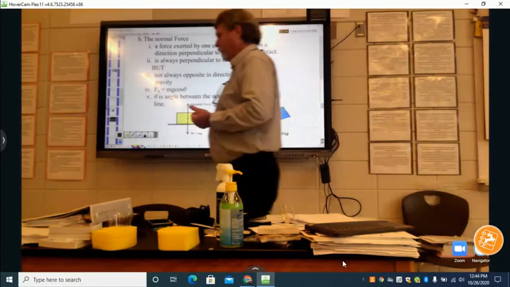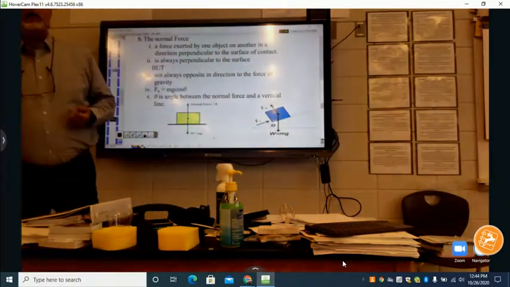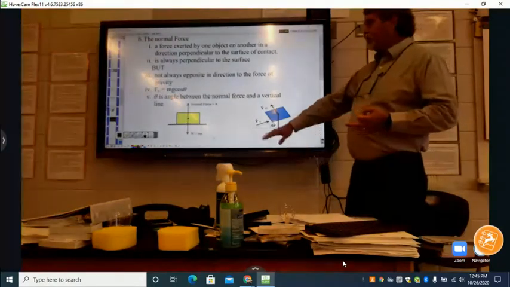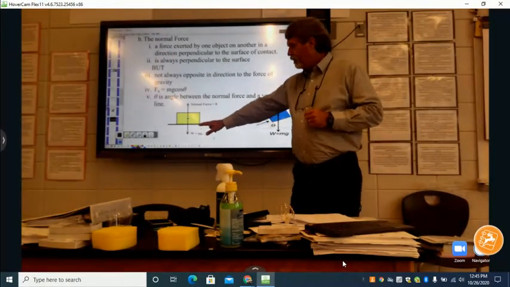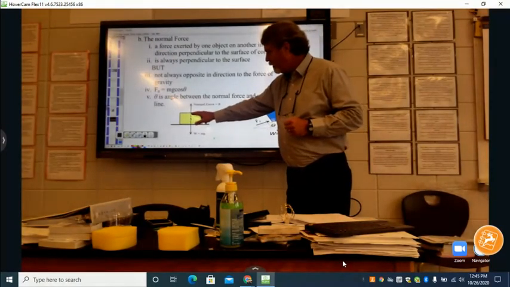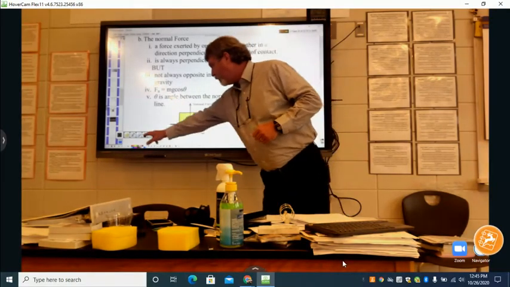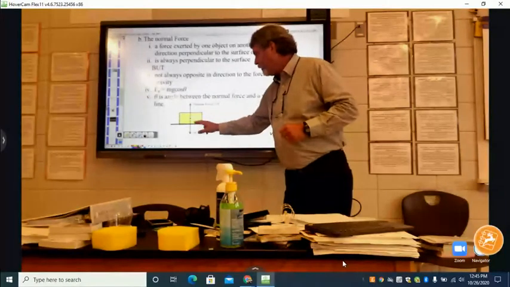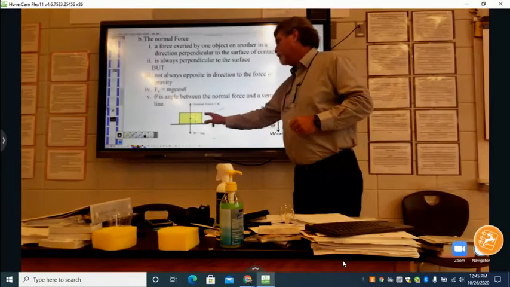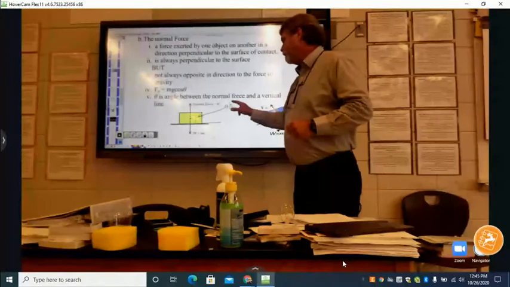Now, by definition, the normal force is perpendicular to the surface. You see in this diagram here, force normal is drawn 90 degrees to the surface. So force normal, 90 degrees.